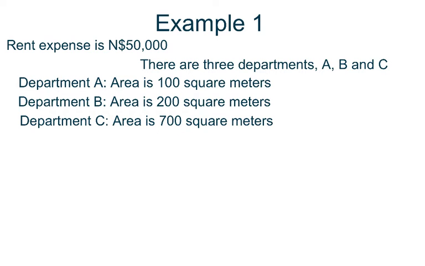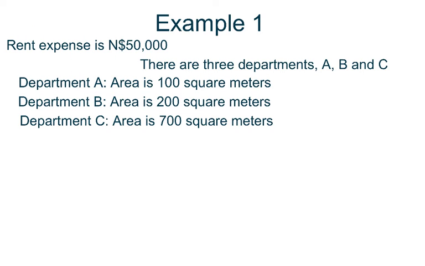So now I need to take this rent expense of 50,000 and divide it into the different departments. Now you will remember that we decided we will take the square meters or the floor area to then apportion a rent expense.